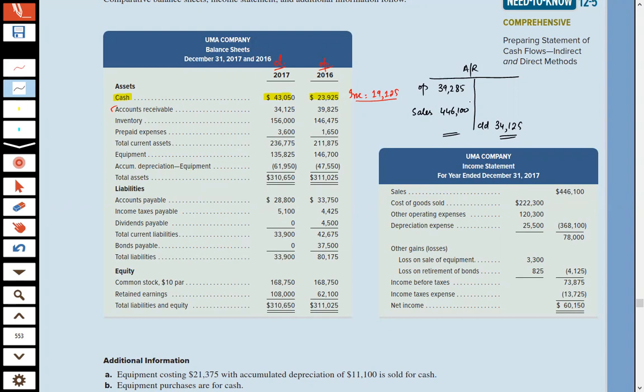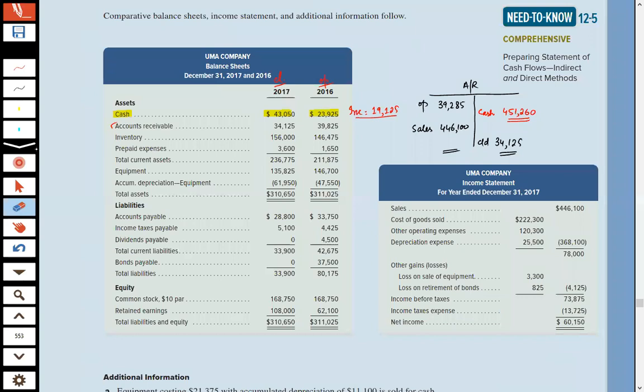Now we will balance that account. So 39,285 plus 446,100 equals 485,385 minus 34,125. The amount collected from the accounts receivable, that is cash, is 451,260. You can also recheck whether that is the correct amount or not. Okay, there is a slight transposition error.